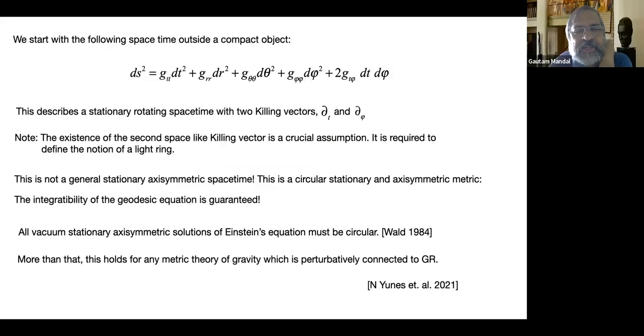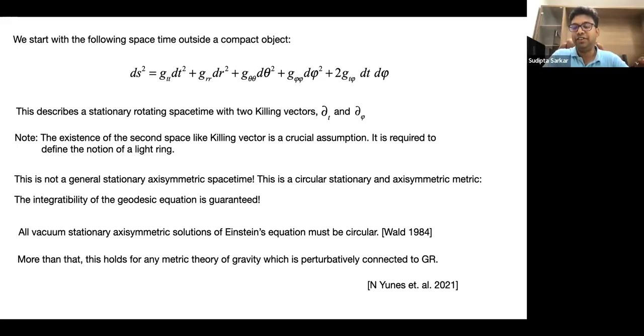Sudipta, I didn't quite get what circularity is. Okay, so the technical definition would be that there is a certain kind of integrability of the two planes. Basically, given a stationary axisymmetric metric, if you use a Boyer-Lindquist type coordinate, there could be all possible cross terms in the metric, right?